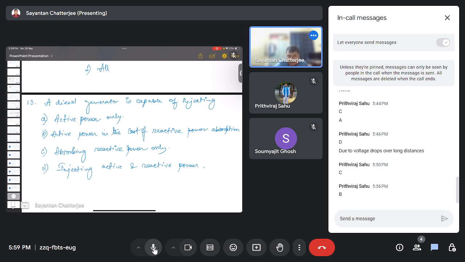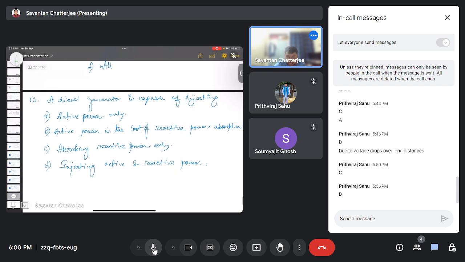Any answer? It will inject both active and reactive power. Okay. Our last question that we'll take up for today.